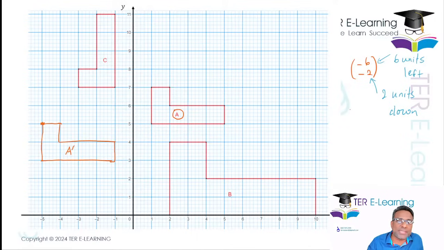So this here is my A prime. It's minus 6, or 6 units to the left, and then we have 2 units downwards.